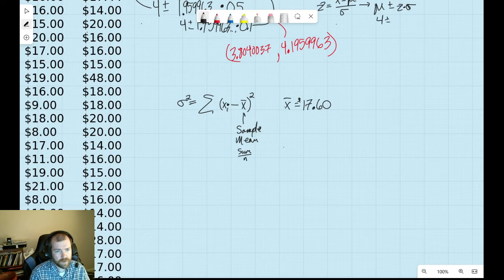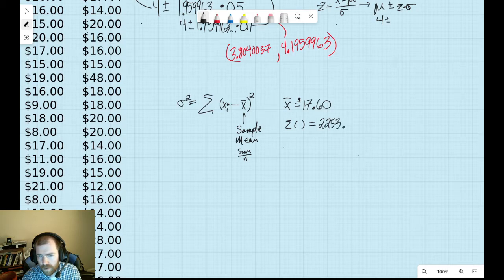Okay, and then this is going to be the sum of all this stuff. I know you can't see it, sorry. So the sum of all this stuff is equal to 2253.58, like 5799999, so close enough.